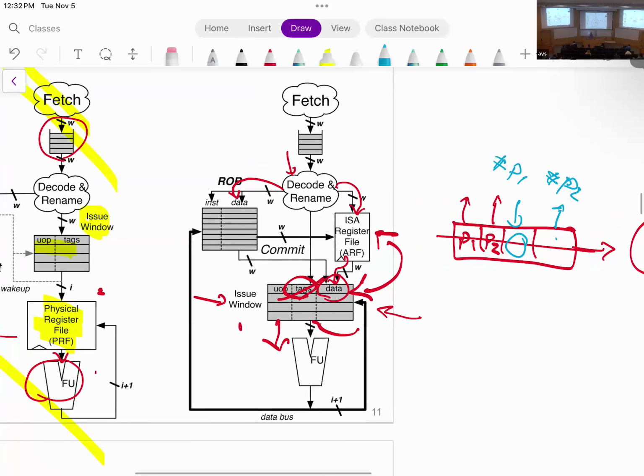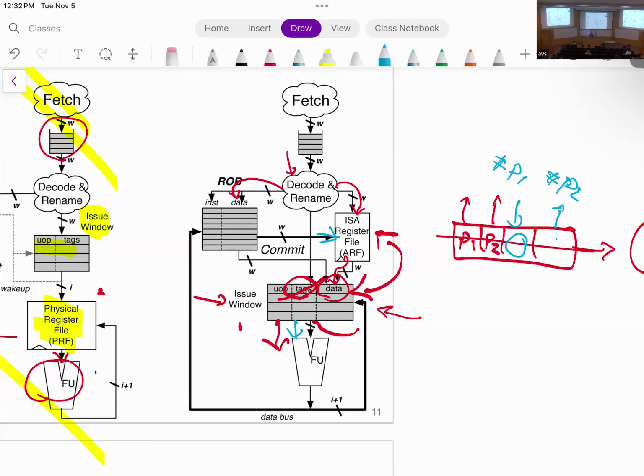And how do I do that? I actually read the register file during the process of dispatch. So I do extra things beforehand. I prepare myself so that whenever this instruction is ready to go, I have everything that I need, and I just pass this through the functional units. That's why I no longer need to go back to the register file and read it.